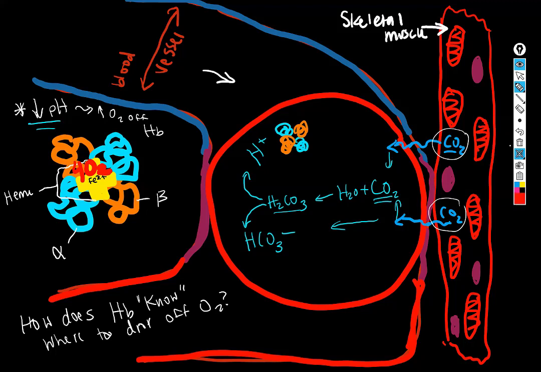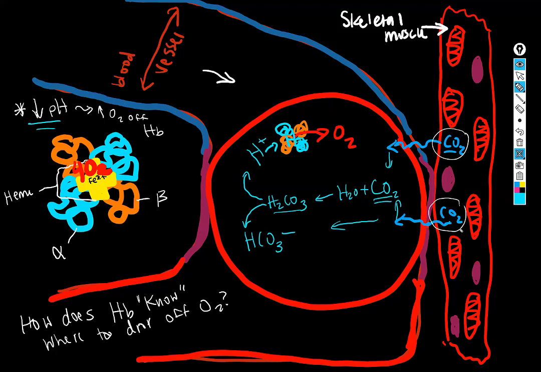So basically what this proton comes and does is it evicts oxygen. It's like, what's up? Get off of my spot, go away. And then the proton takes its place.